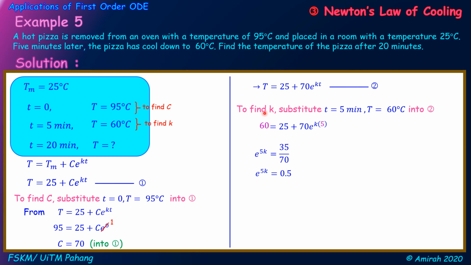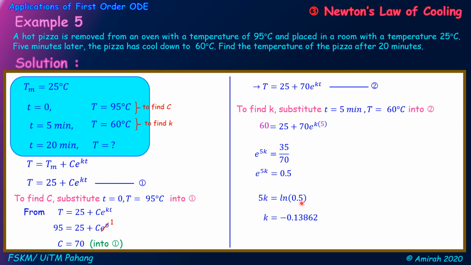Okay, now we want to find k. So we need to move e to the right hand side. When we move e to the right hand side, we get 5k equals ln 0.5, so it becomes ln. Okay, then using a calculator, we will get k equals negative 0.13862.